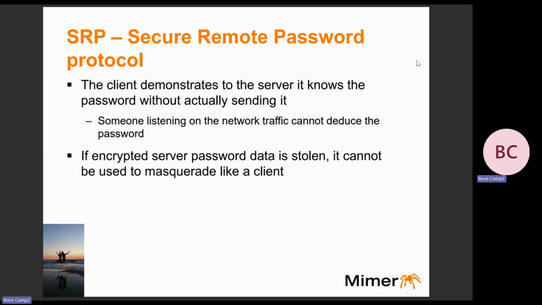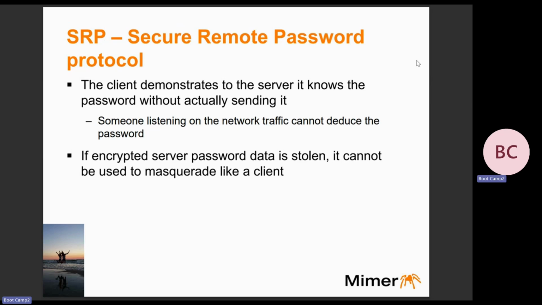If the database is stolen and happens not to be encrypted, you can see what's in the database. If you're good at dumping things, you could probably find the data with the encrypted passwords, but I cannot use that information to masquerade towards this database.